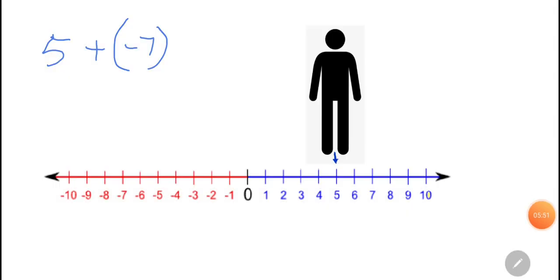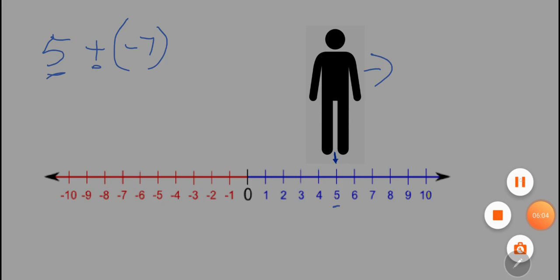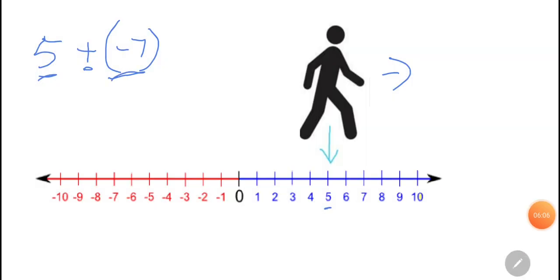So I want to exaggerate a little bit more now. What if it was 5 add negative 7? Because it's starting off at 5, the man's standing at 5. Because of the plus sign, he's going to face that way. And then because it's negative 7, instead of walking 7 steps forward, he's going to walk 7 steps backwards.